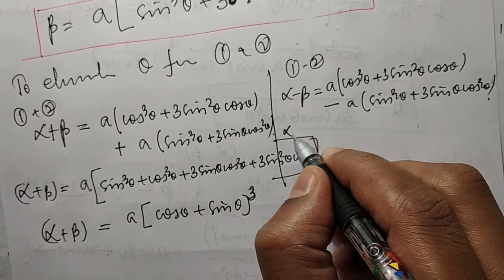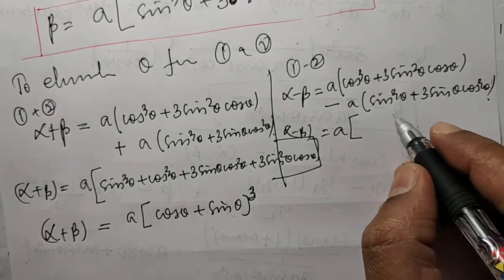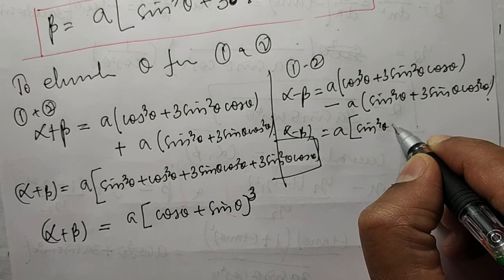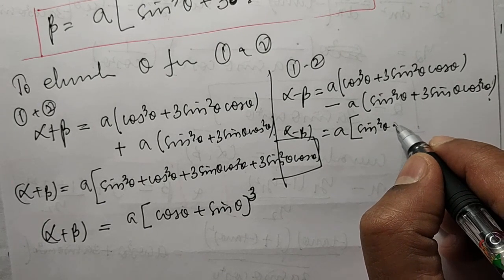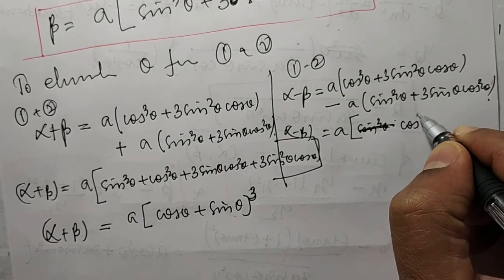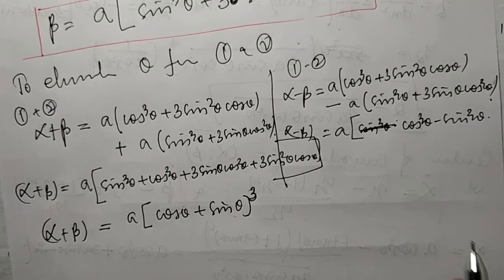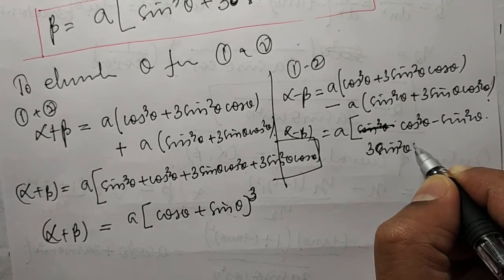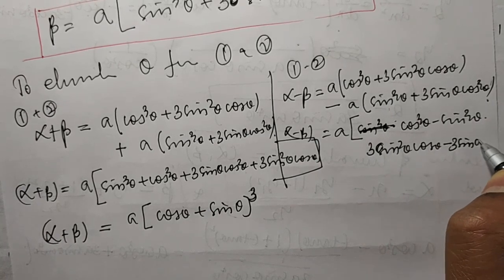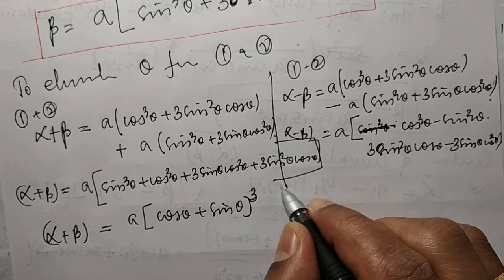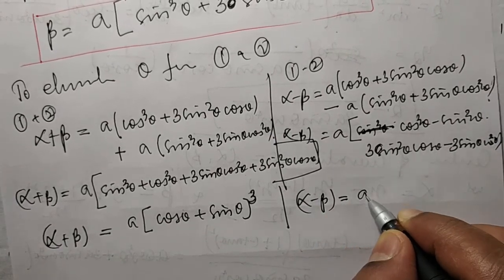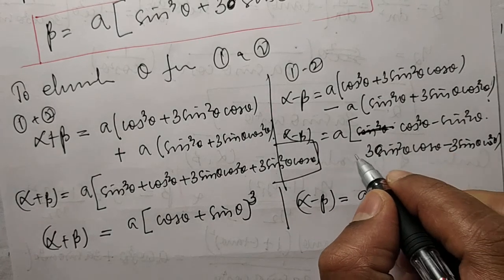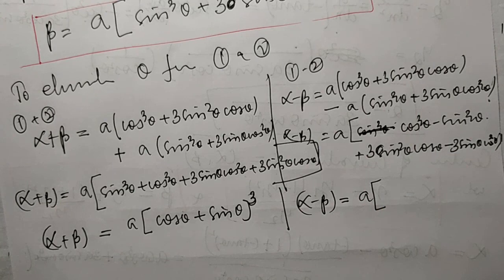So here again what we do, alpha minus beta is equal to, if we take a common, then it is cos cube theta minus sin cube theta, then 3 times sin square theta into cos theta minus 3 times sin theta into cos square theta, which is nothing but a square minus b square plus 3 times a square b minus 3 times b into a square.